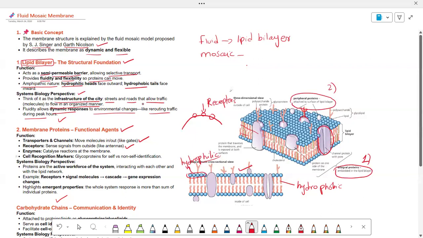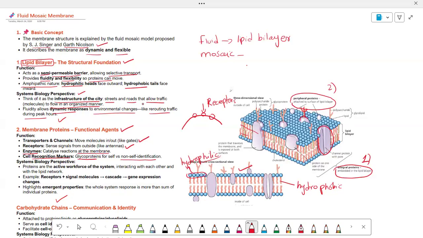And the third function is enzymes. Enzymes catalyze reactions at the membrane. They help in metabolism, speeding up the reactions that occur at the surface membrane. The next one is cell recognition markers, like glycoproteins. Glycoproteins are for self versus non-self identification.